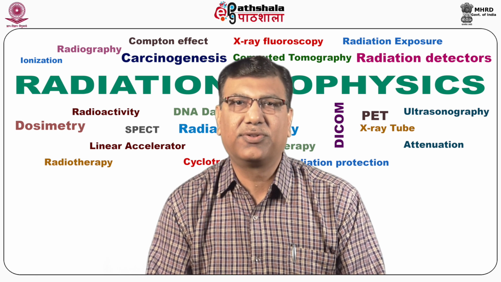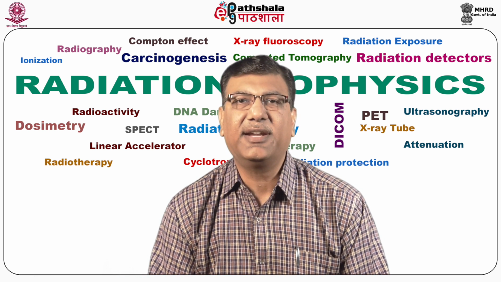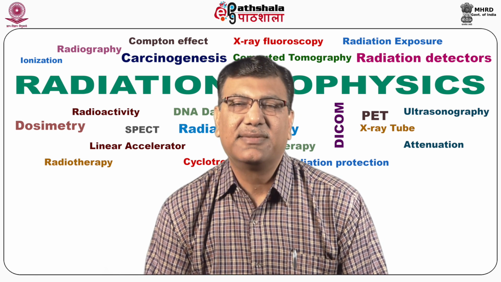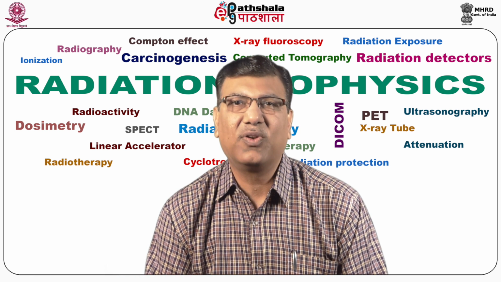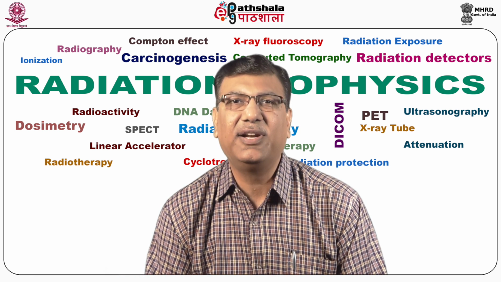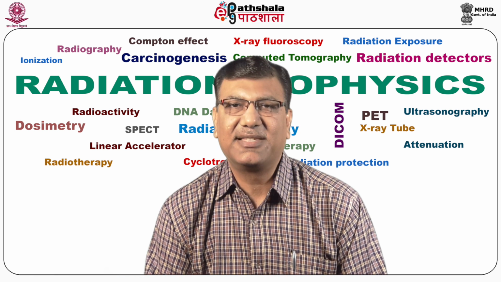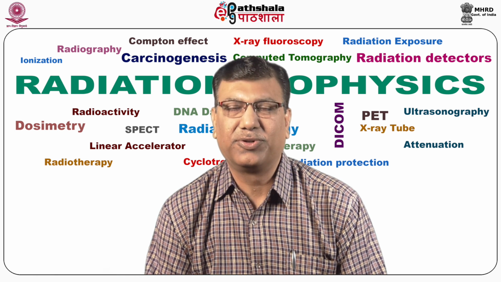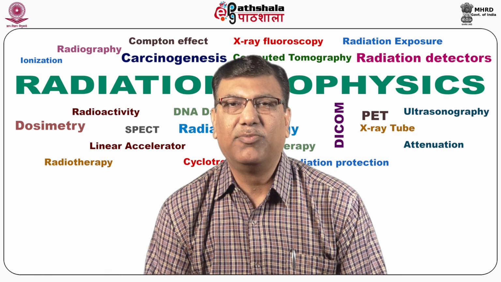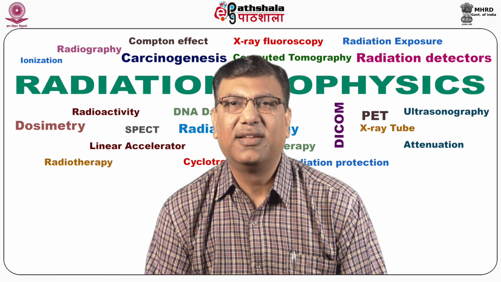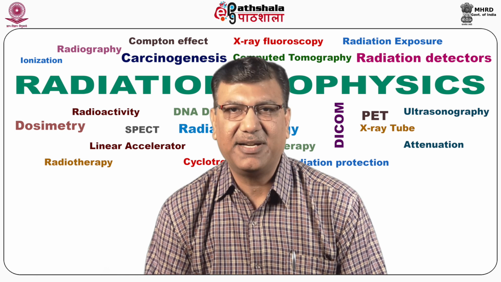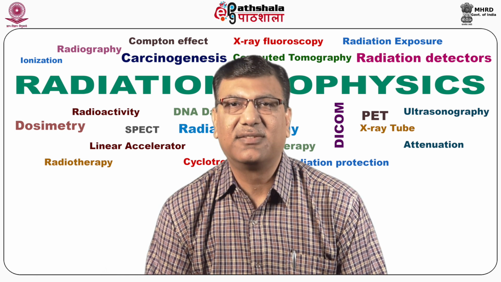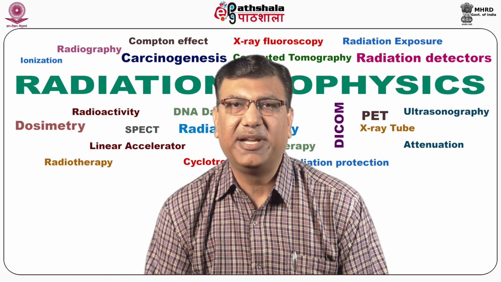Since the proton mass is almost equal to the neutron mass, maximum energy is transferred to the proton, and the proton gets energy and will move in the medium. And since it is a charged particle, it further ionizes the medium.